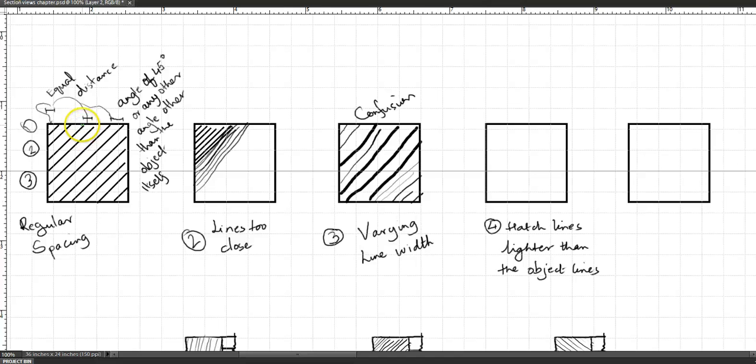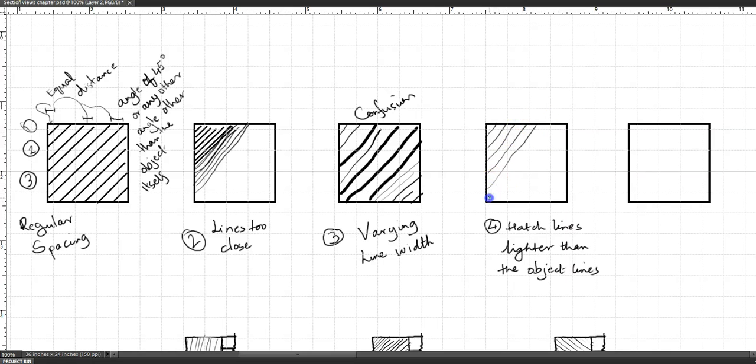So a better option for this would be if I drew the line a little lighter. 1, 2, 3, 4, 5. See, that's a little dark, and now this thing kind of blends in with the object lines, right? Because this is the object line, this is my hatch line.